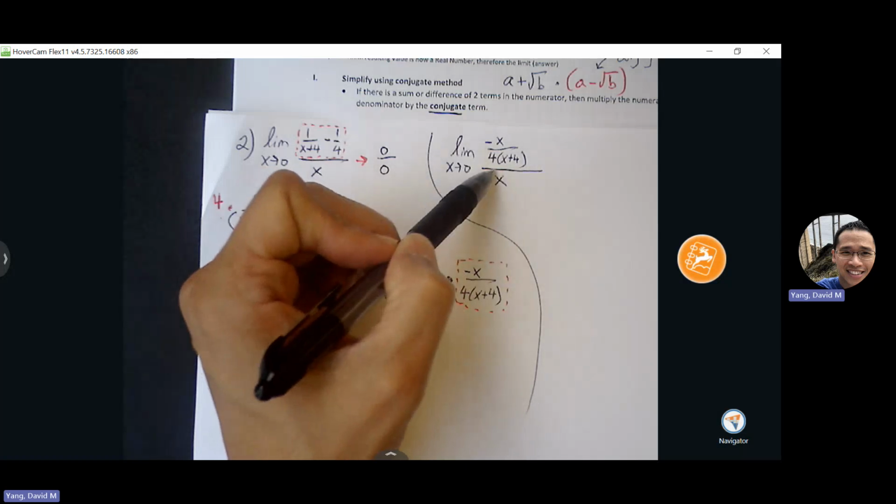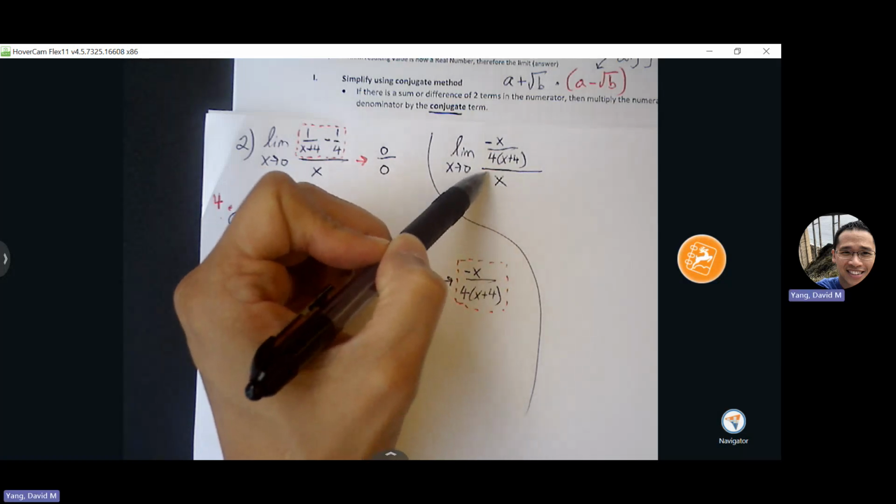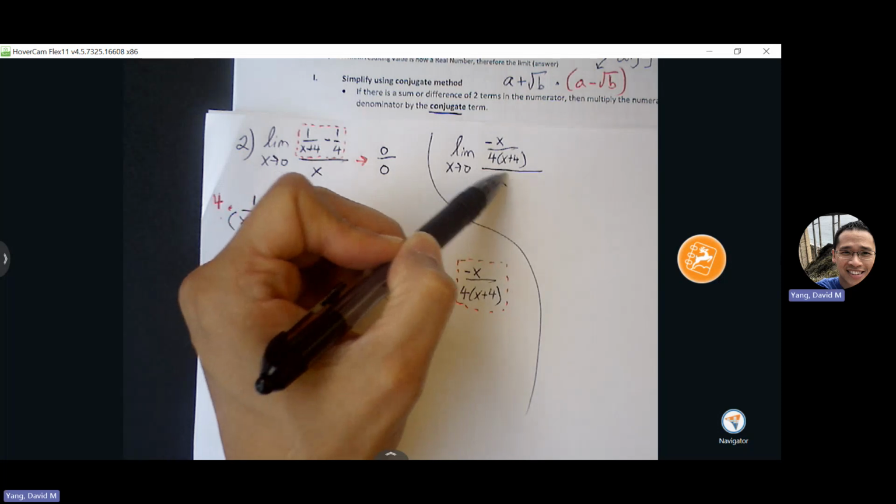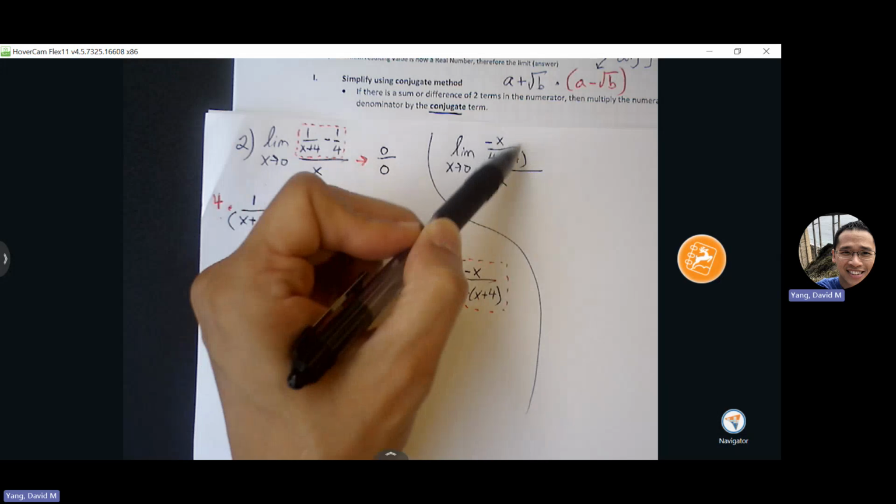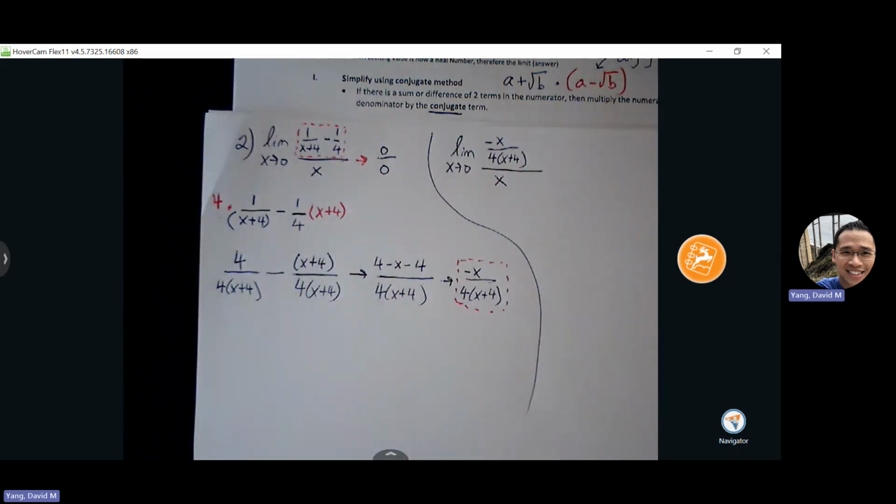So dividing by a value is the same thing as what? Multiply by the reciprocal. So if I multiply by the reciprocal, then I can bring this x up to the same level as this fraction, and then it's easier to see the relationship.